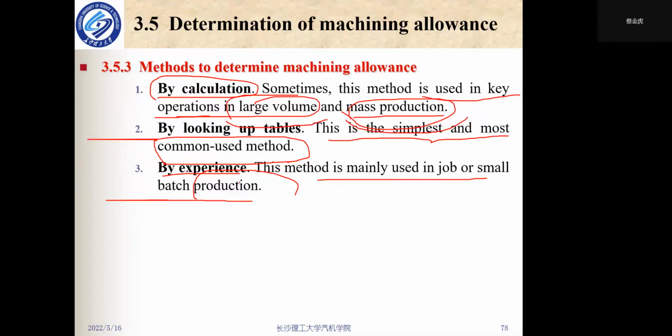The first one, by calculation, is used in large volume and mass production. And the second one, by looking up tables, is the simplest and the most commonly used method. And the third one is mainly used in job and small batch production. Remember the features of each method and when we use which method to determine machining allowance is the key point of this class.